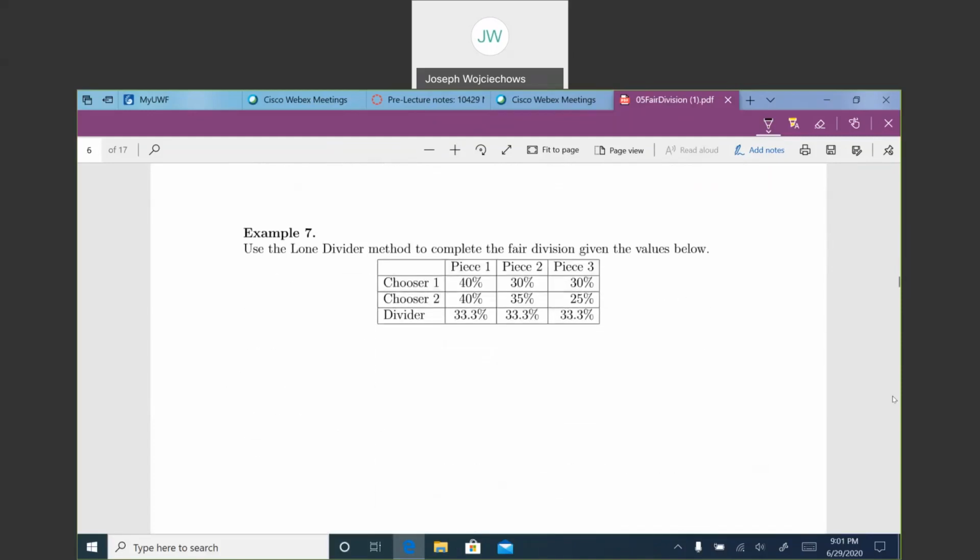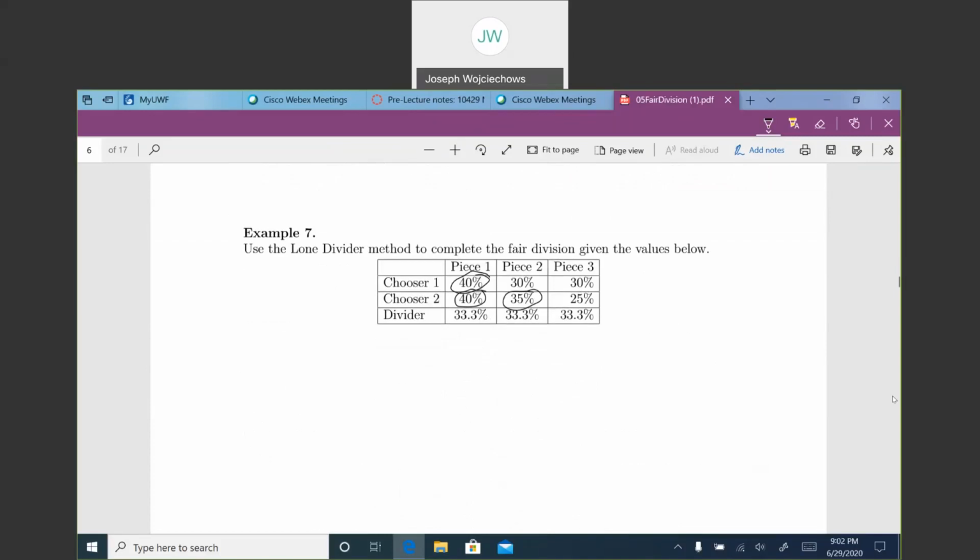Okay, so let's look at another lone divider method. Piece 1. Chooser 2 declares piece 1 or piece 2, and the divider thinks they're all 3.